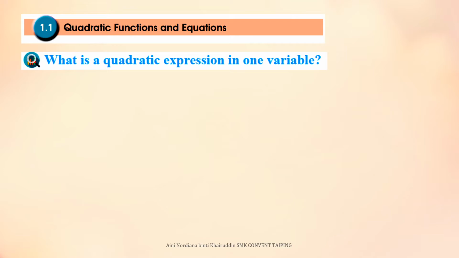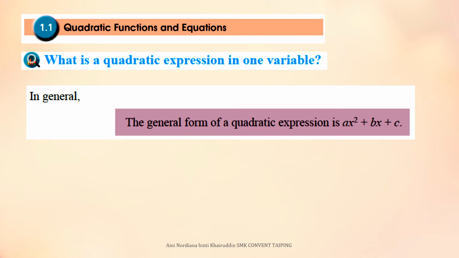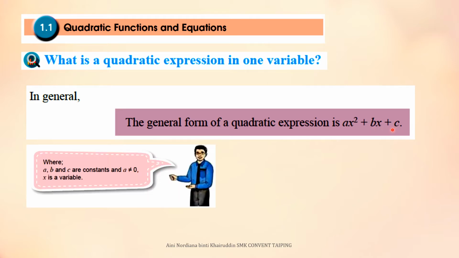What is a quadratic expression in one variable? In general, the general form of a quadratic expression is ax squared plus bx plus c, where a, b, and c are constant and a is not equal to 0.